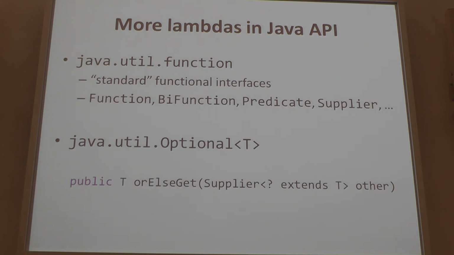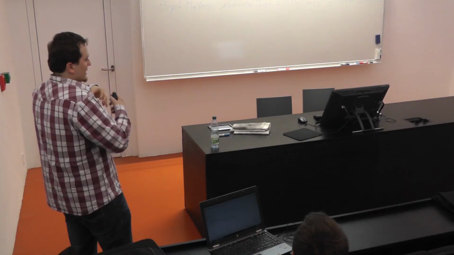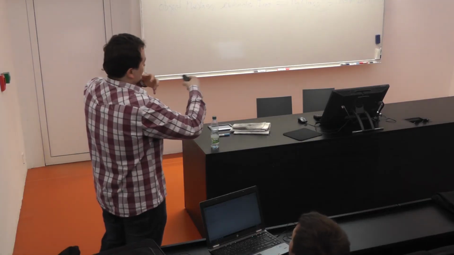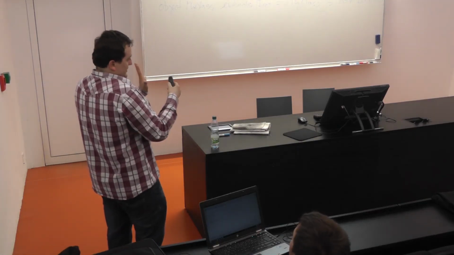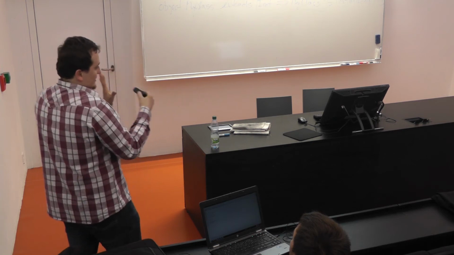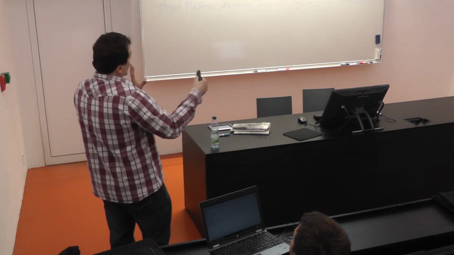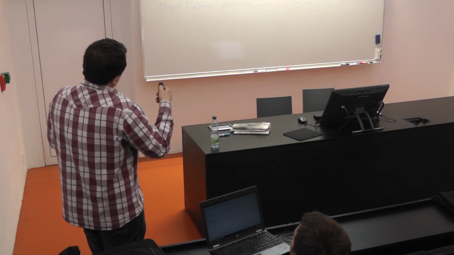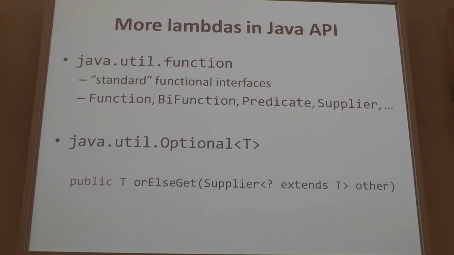For example, the stream has a method like findFirst or find, if you want to find some elements that satisfy some predicate, and the findFirst method returns an Optional. It never returns null if the element is not present in the stream.